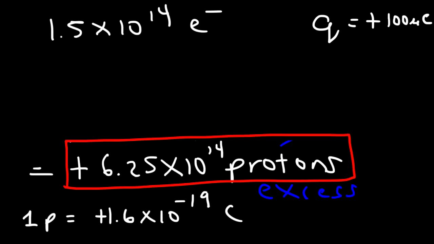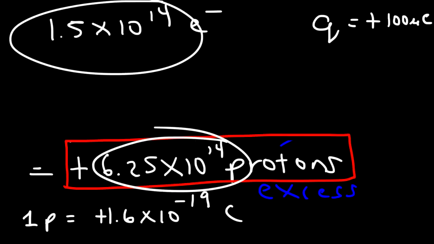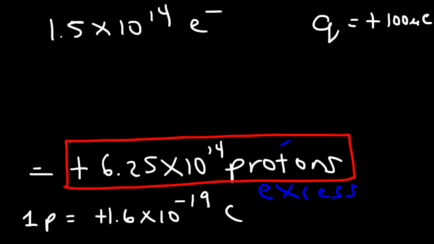All we need to do to get the answer is add these two numbers because there's going to be more protons than electrons. So 1 plus 6 is 7, and 0.5 plus 0.25 is 0.75. So we're going to have 7.75 times 10 to the 14 protons.